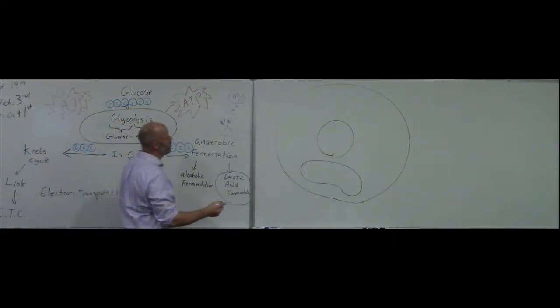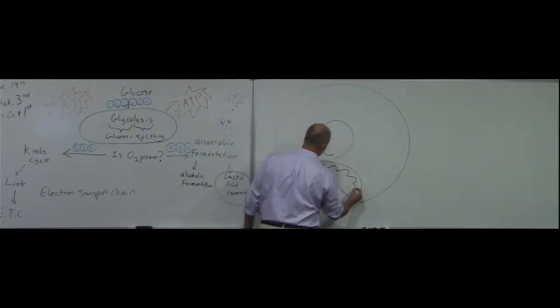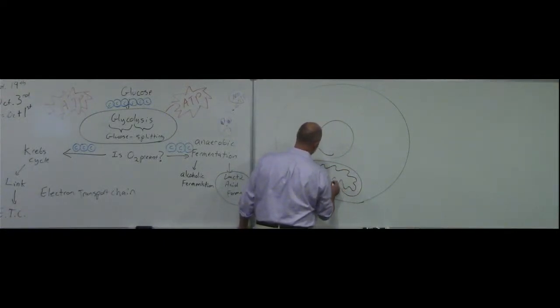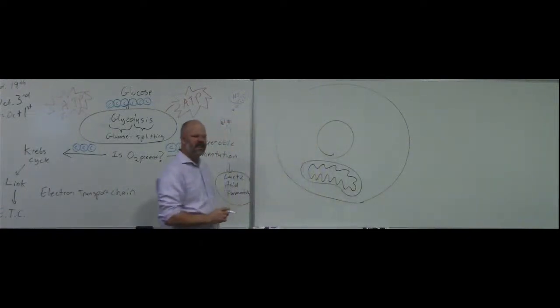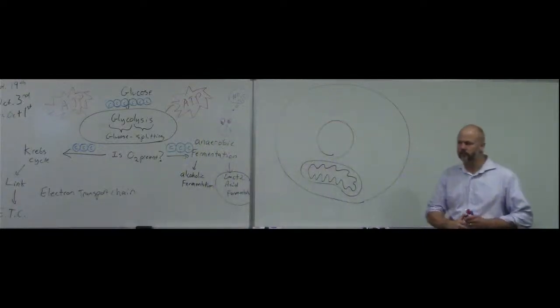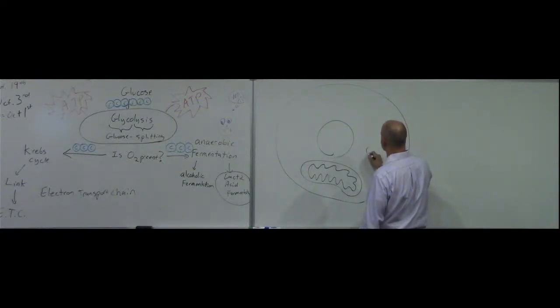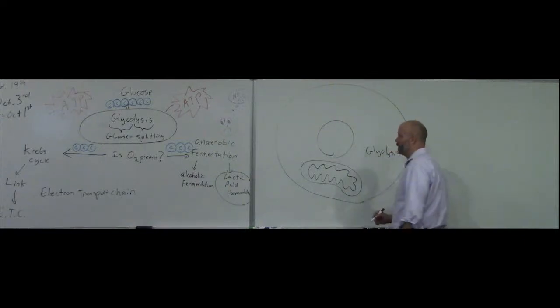Okay? The mitochondria is a double membrane system. It's got membrane inside of membrane. It's crazy. So, one of the things that's interesting is that glycolysis happens out here.